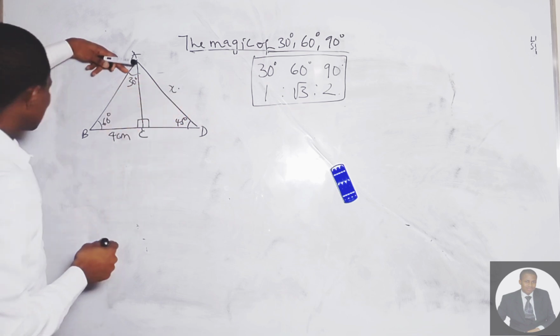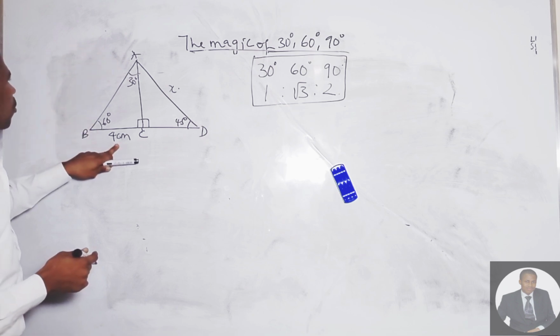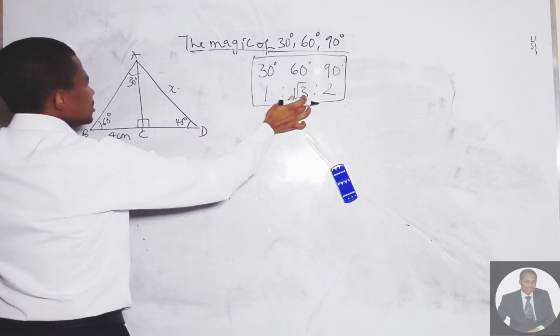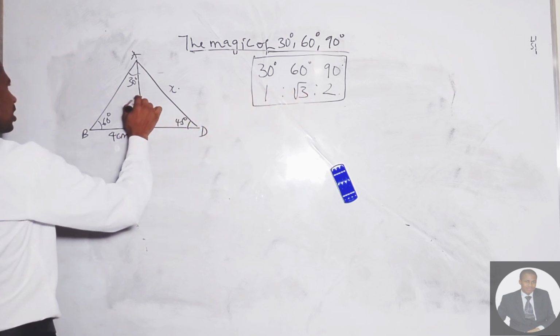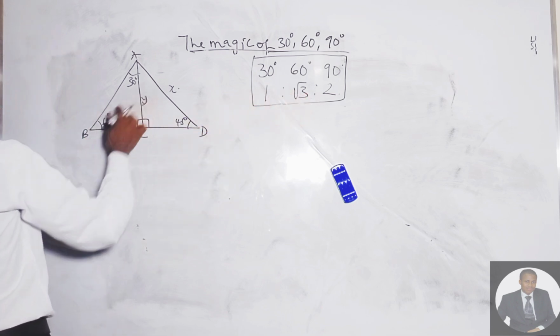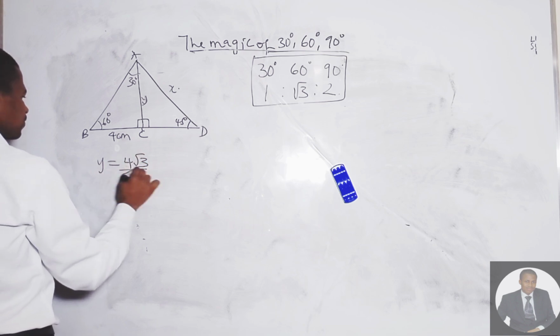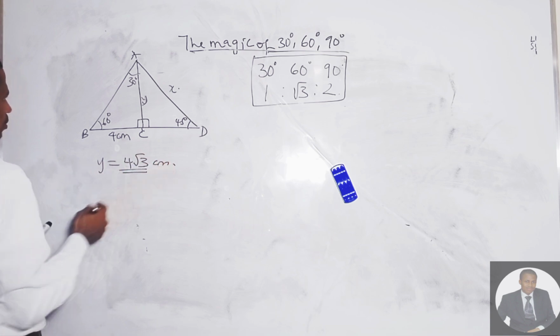Now the side facing angle 30 is 4. So we multiply by root 3 to get the side facing 60. So this side facing 60, we say y will be 4 root 3 centimeter.